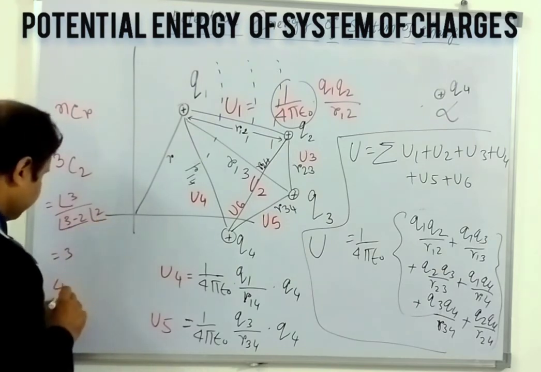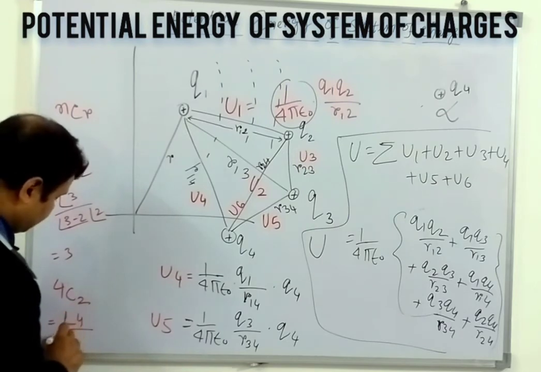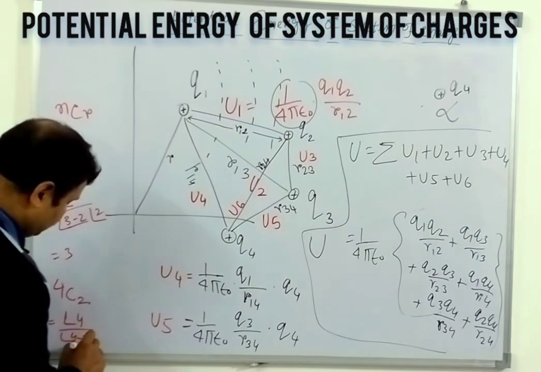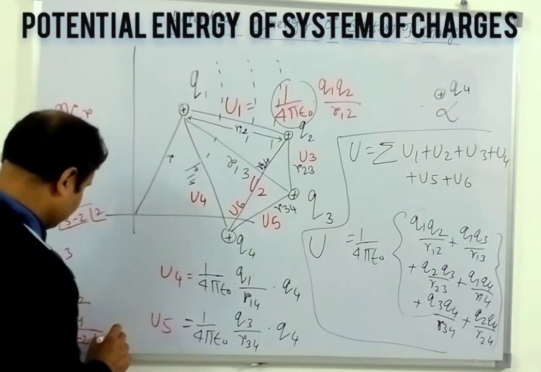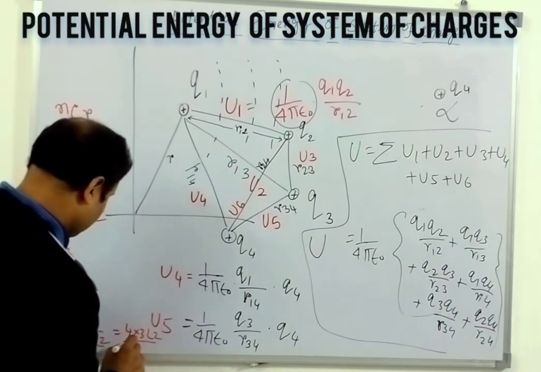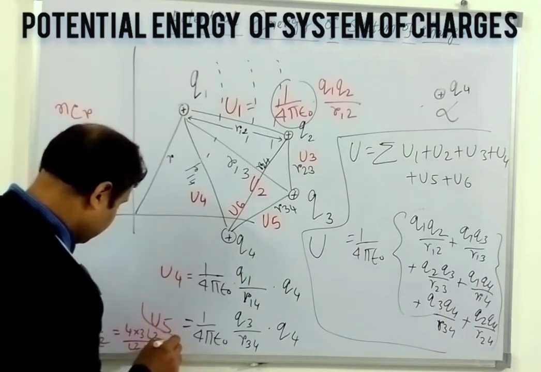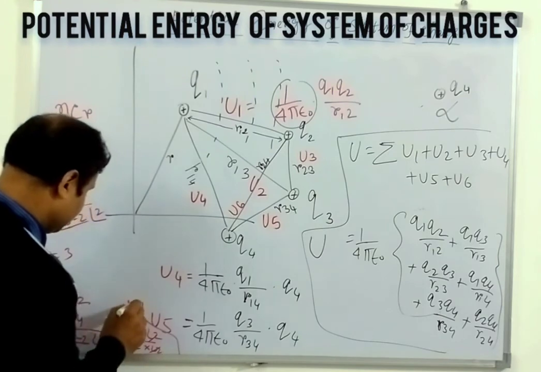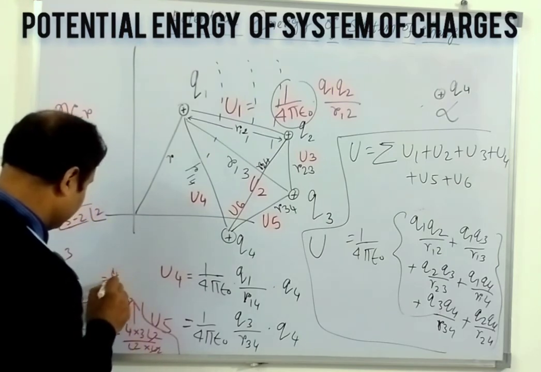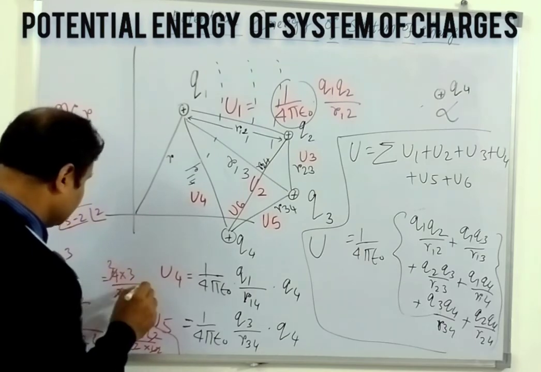In case of a 4 charge system, 4C2 is factorial 4 over factorial 4 minus 2 times factorial 2, so this will be 4 into 3 over 2 into 1, which is 6.